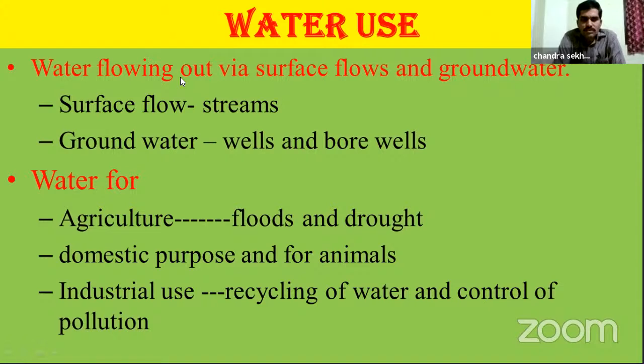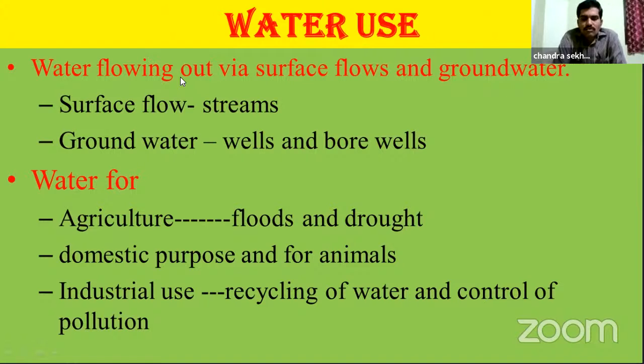The second flow is groundwater. Groundwater means the water which is in the ground. How can we get groundwater? Through open wells and bore wells. By digging open wells and bore wells, we draw out the groundwater. Children, how is the water stored in the ground, and from where does it go into the ground?